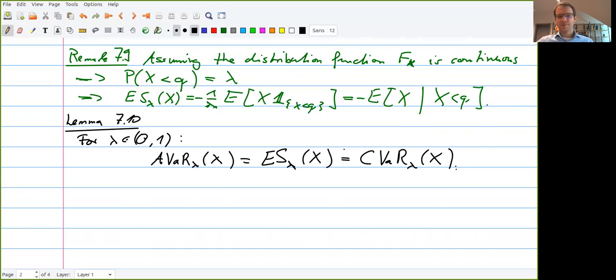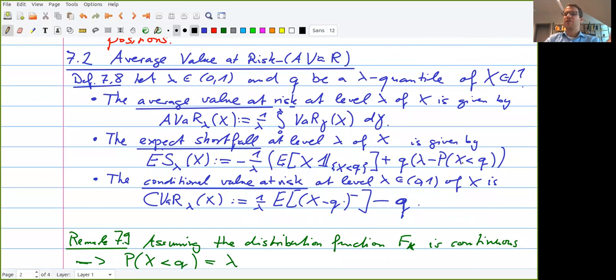So mathematically speaking, they're all natural to introduce, and you can think about what they mathematically tell you. They appeared in different contexts as natural risk measures, and they all lead to the same object.